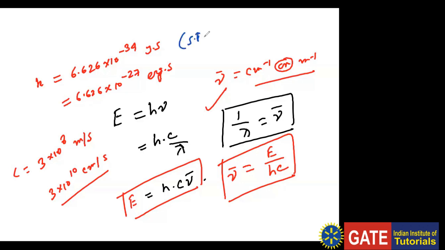This is the SI unit and this is the CGS unit. 1 joule is equal to 10 to the power 7 erg. Remember this, it is very important for conversion.